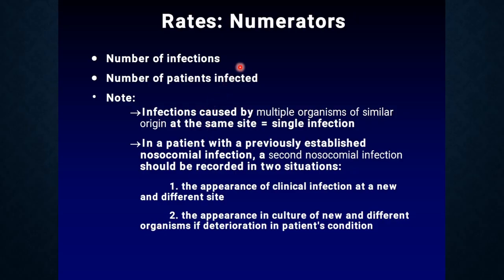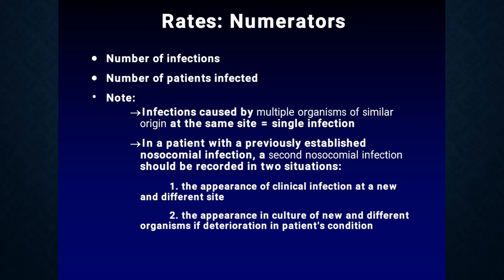The numerator, of course, in these calculations is the number of infections or the number of patients infected. If we go into details, infections caused by multiple organisms of similar origin at the same site are considered a single infection.